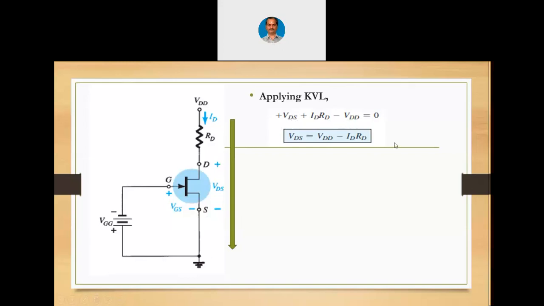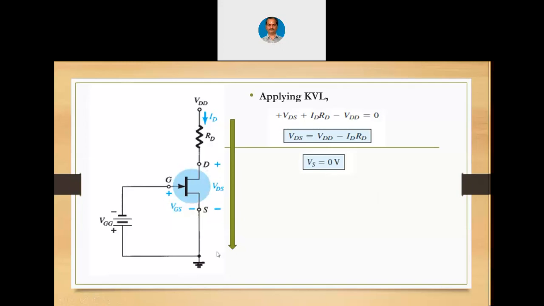Both are one and the same, only the LHS and RHS are of different sign. So VDS is VDD minus ID RD. Total voltage across the output side is VDD, and there is a drop across RD, that is ID RD. So VDS is VDD minus ID RD.